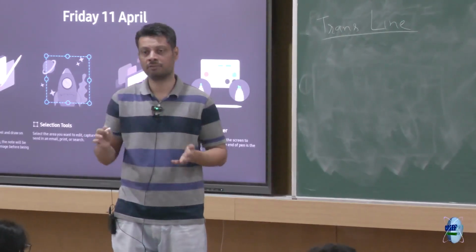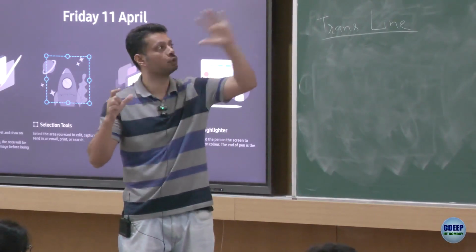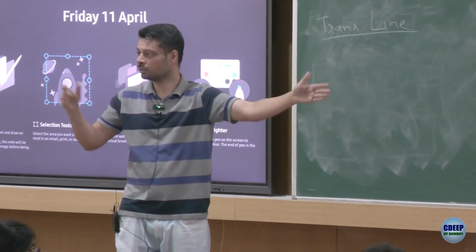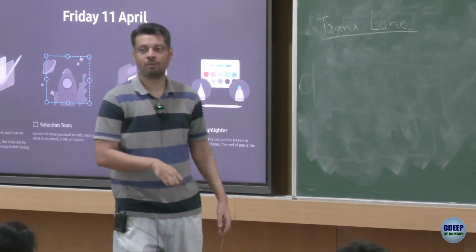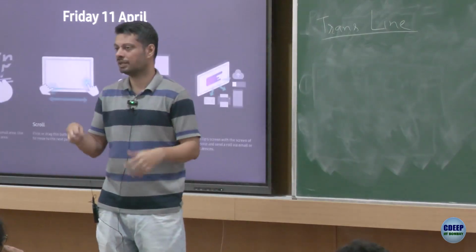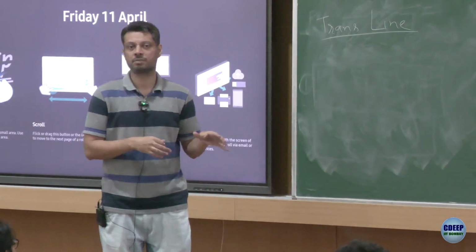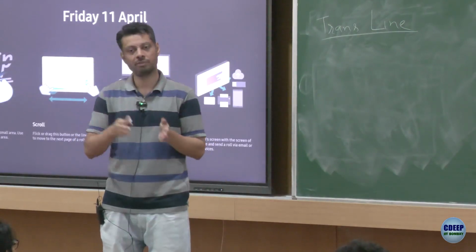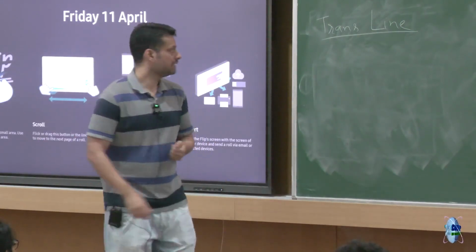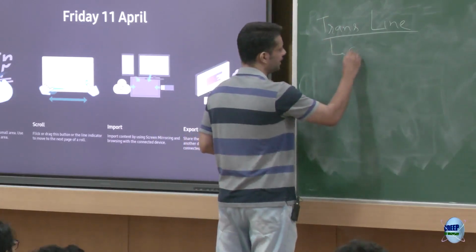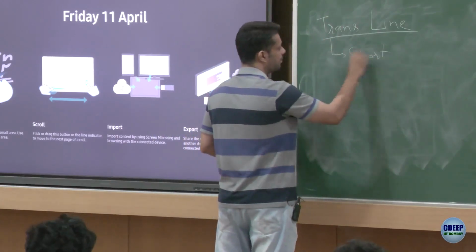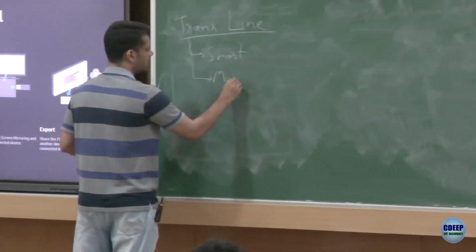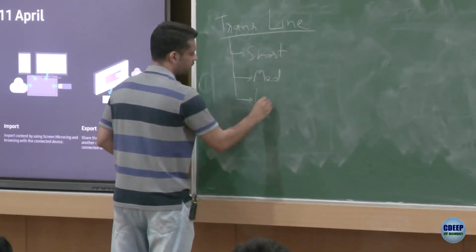If you are driving on a highway, you would see these huge overhead lines going over long distances. Based on the length of the cable, generally we categorize these transmission lines into three categories: short, medium and long.